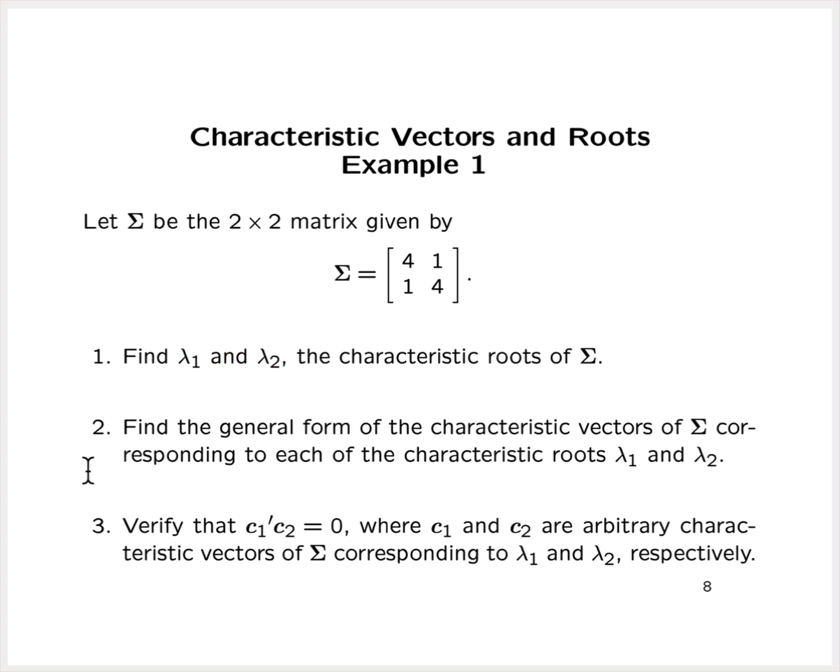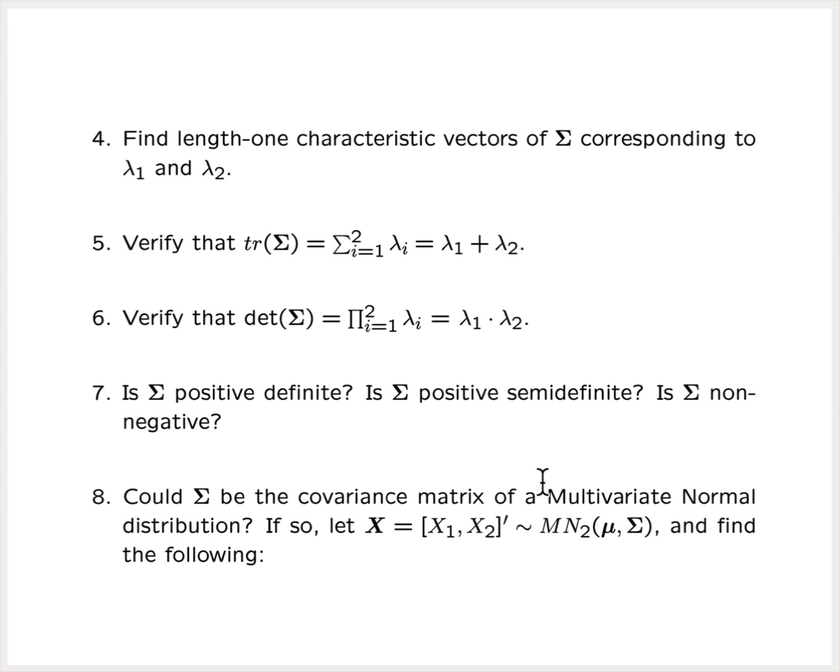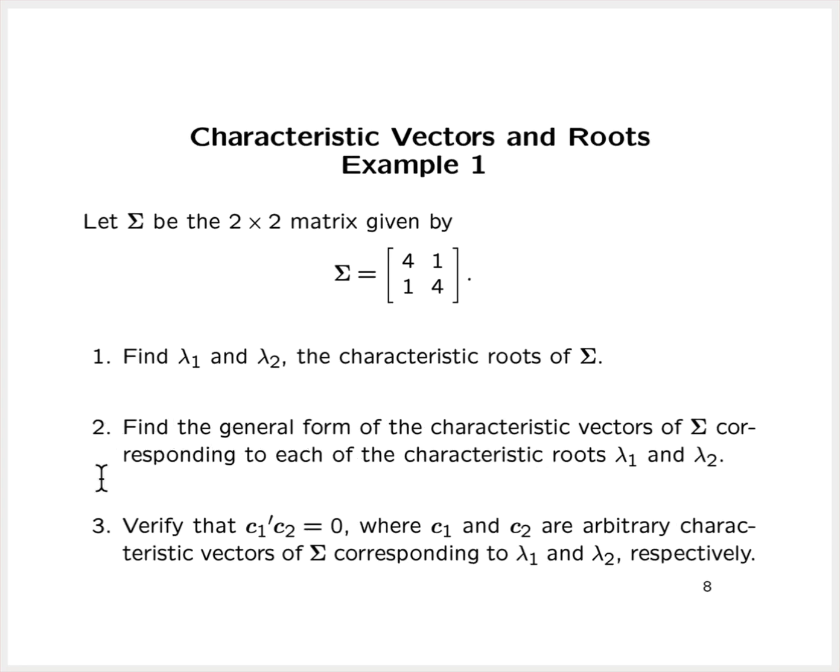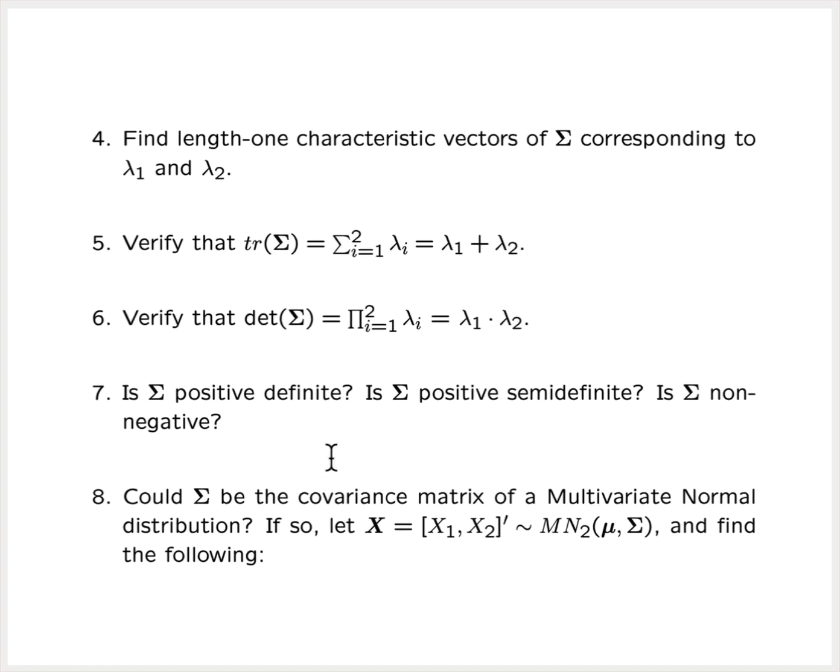Problem 2, find the general form of the characteristic vectors of cap sig corresponding to each of the characteristic roots lambda 1 and lambda 2. Well, I'm going to amend this a little bit. We're going to skip probably 2 and 3 and jump down to 4: find length 1 characteristic vectors of cap sig corresponding to lambda 1 and lambda 2.